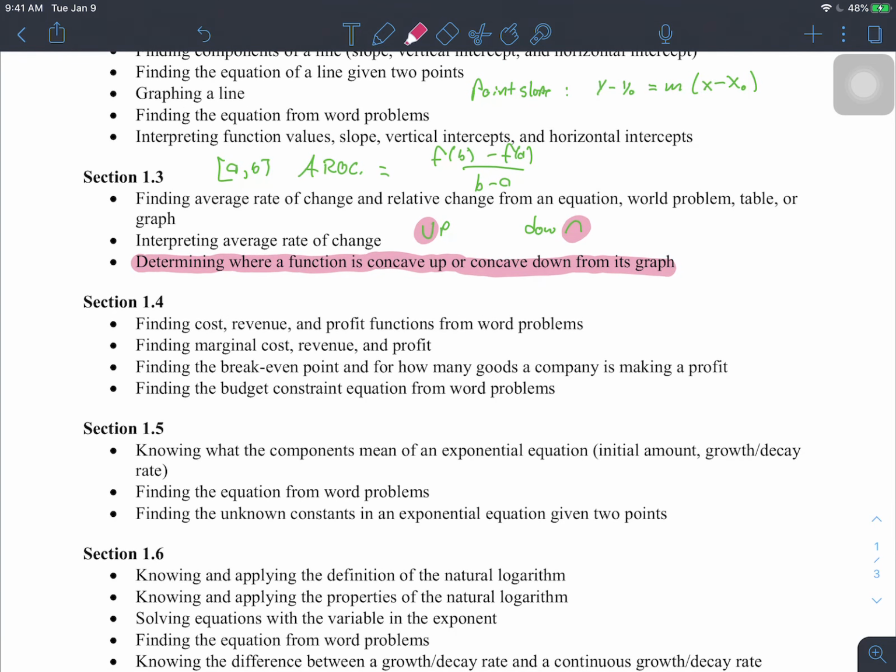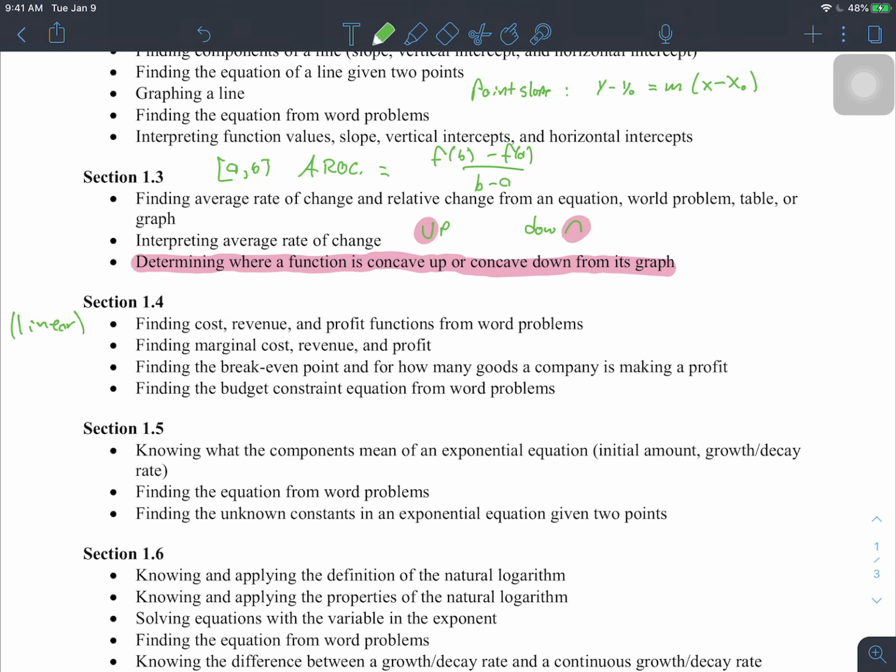Section 1.4 was all about cost and revenue and profit functions. Specifically, it was really just about linear cost, revenue, and profit functions. We later expanded our understanding about those functions to be more interesting, wiggly looking things, but for section 1.4 we were really just interested in linear ones.